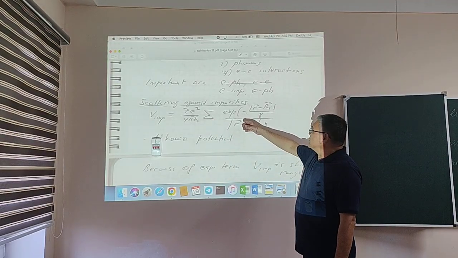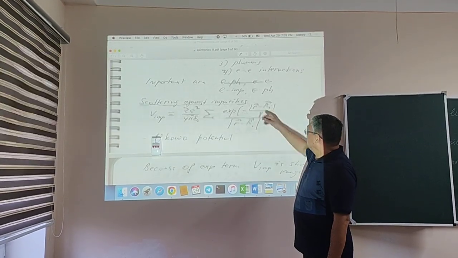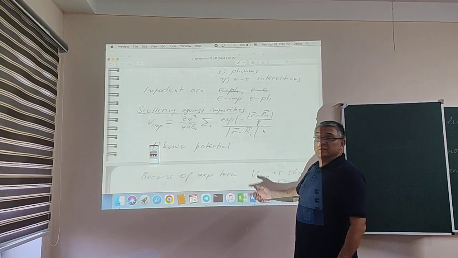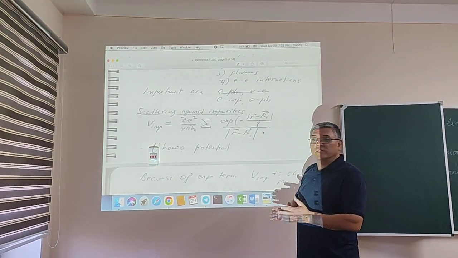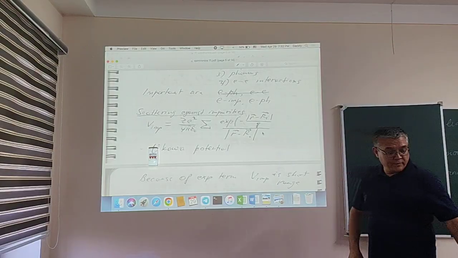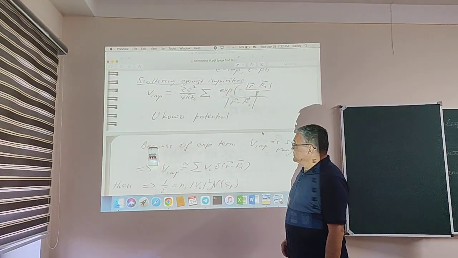Together with that, we multiply this expression by an exponential term, which shows how narrow this potential function of the impurity is. So it's called the Yukawa potential.